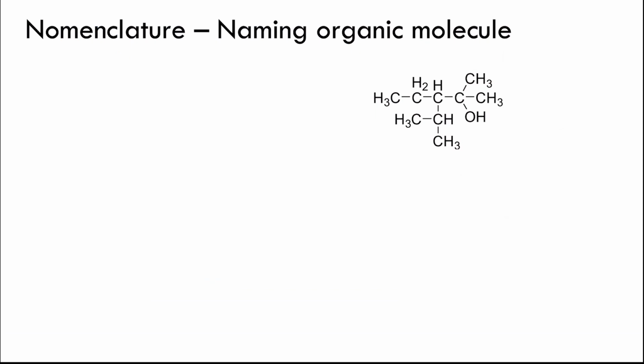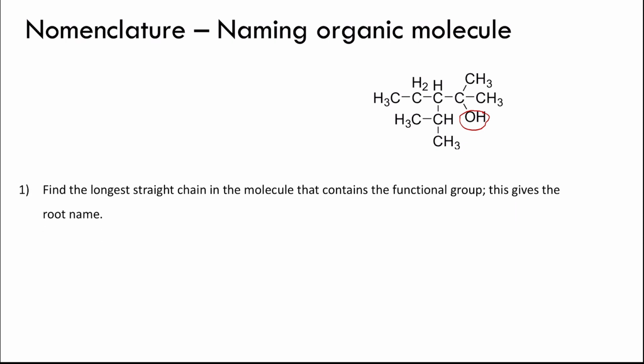What if we have a different organic molecule, which is not just an alkane, but has a different functional group like an OH? So we have a compound like the one in front of us, and we have a functional group which is an OH. Let's follow the same rules. The first rule is that we need to find the longest straight chain in the molecule.